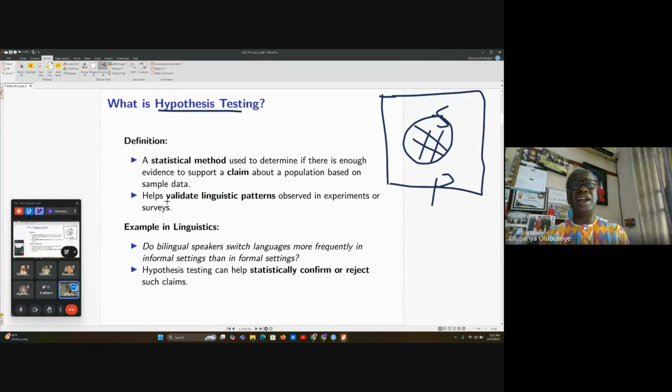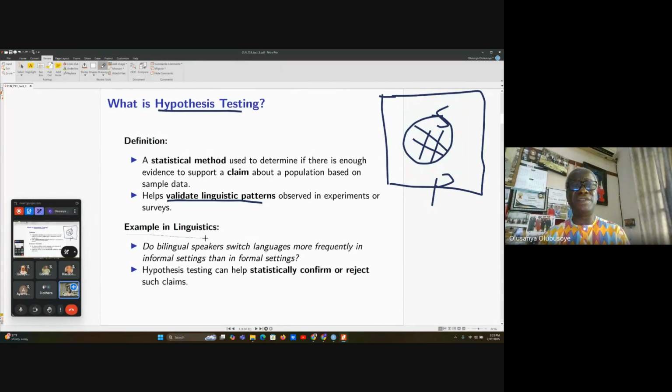So in the linguistic field, we can use hypothesis testing to establish patterns that we observed, whether in experimental data or observational or survey data.